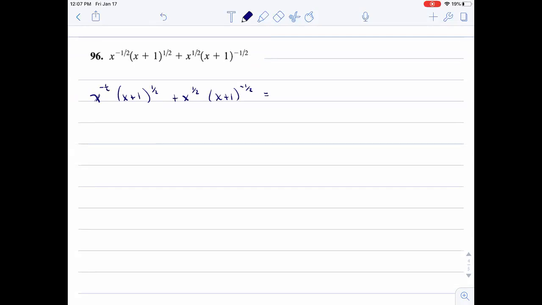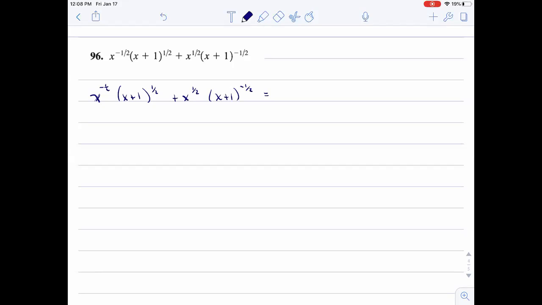Okay. The only thing I'm going to change here for now, just to show you how I'm doing it, is I'm going to rewrite this as x to the negative 1/2 plus whatever else gets me to just positive 1/2, right?